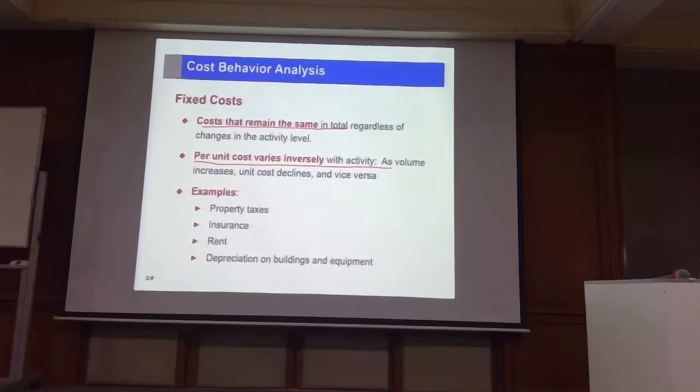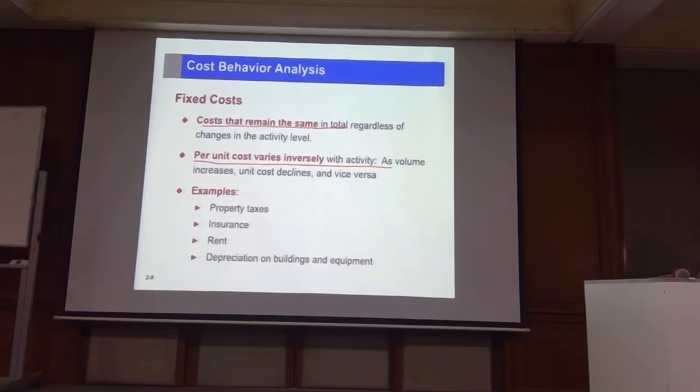Let's assume that each month the depreciation expense for your factory equals 100 baht. Okay, make it easy. If you produce only 2 units, the fixed cost per unit equals 50 baht. But if you produce 100 units, the fixed cost per unit is reduced to 1 baht. So this is the behavior of the fixed cost.